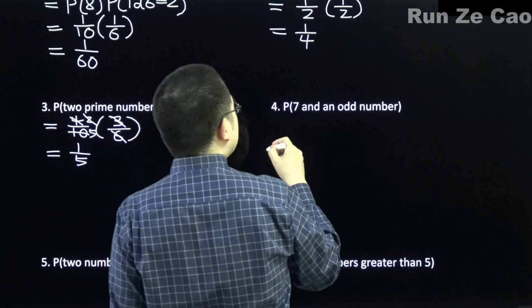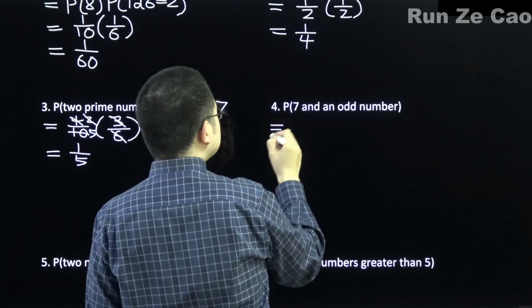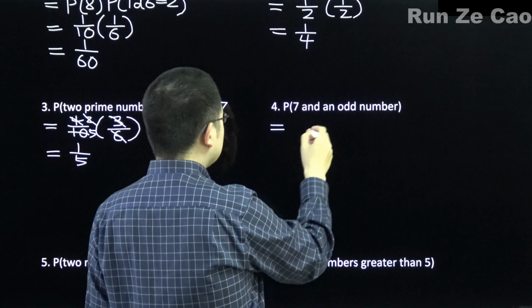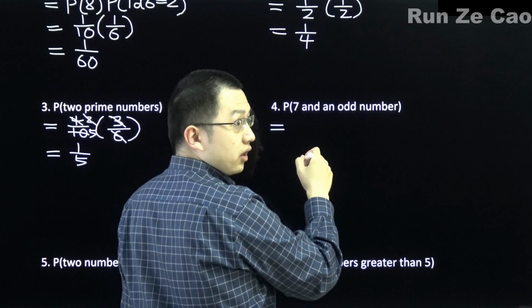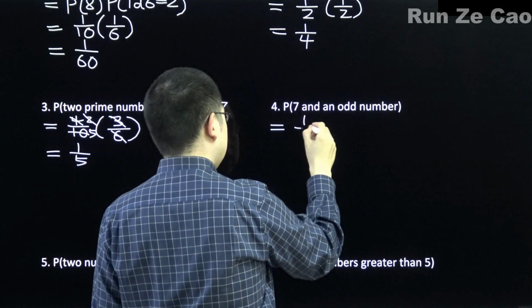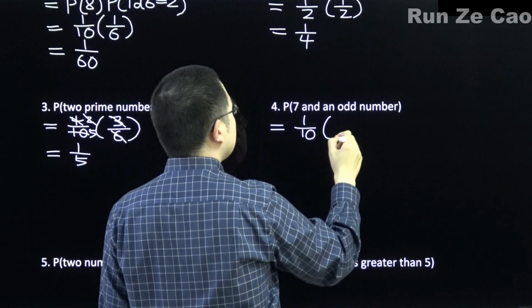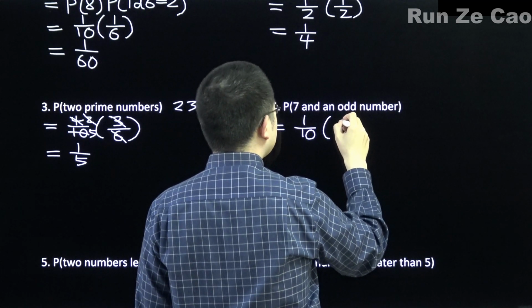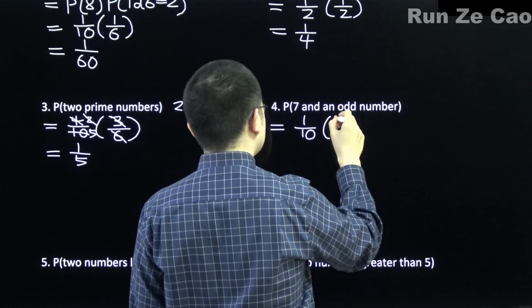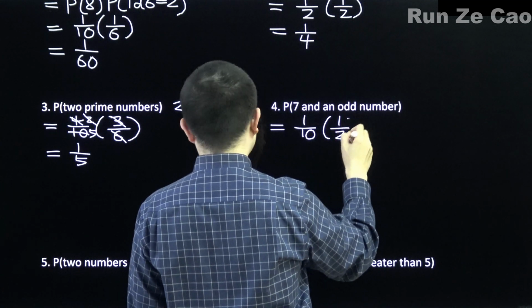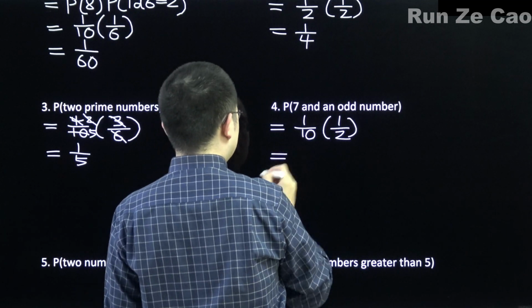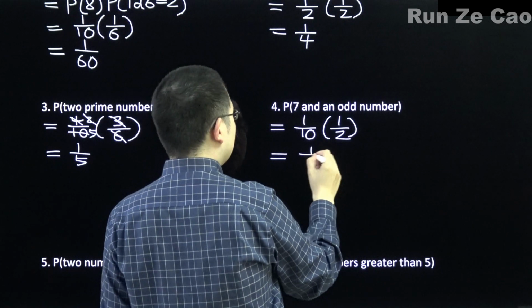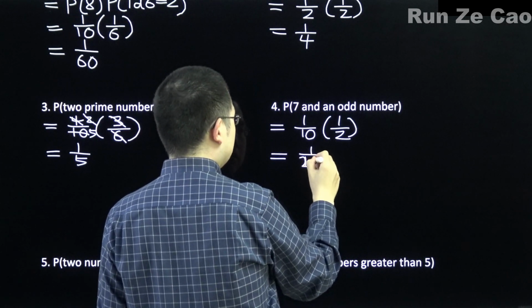The probability of 7 and an odd number is the probability that you get 7 on the card, which is 1/10, times the probability that you get an odd number on the die, which is 3/6, or just 1/2. So, this leaves you with 1/20.